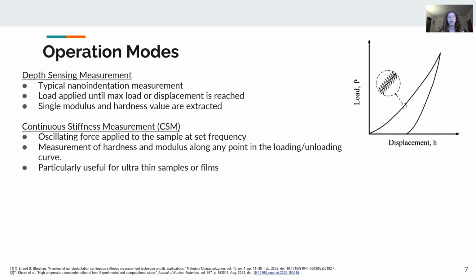In this mode, you apply an oscillating force to the sample at a set frequency, and you basically get these smaller loading, unloading curves within your load displacement curve. This allows you to calculate hardness and modulus throughout the entire depth of your indentation, which could be particularly useful for thin films for understanding what the potential substrate effects are as you indent deeper into your film.